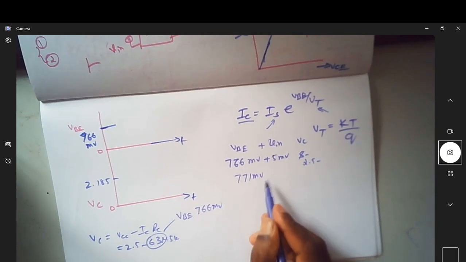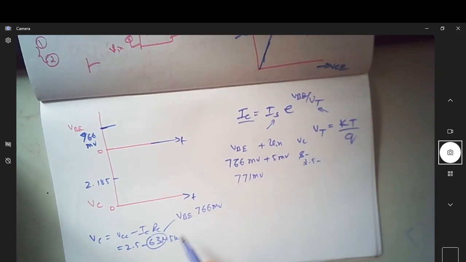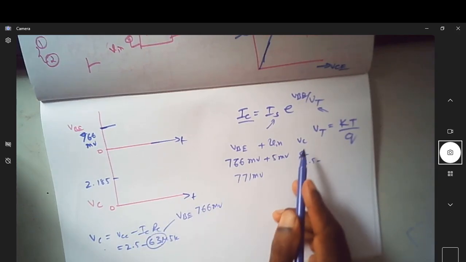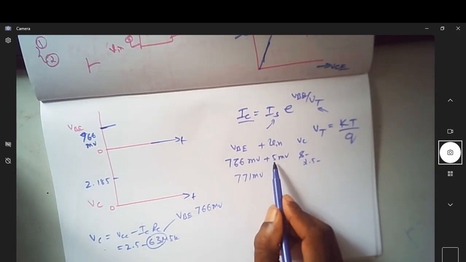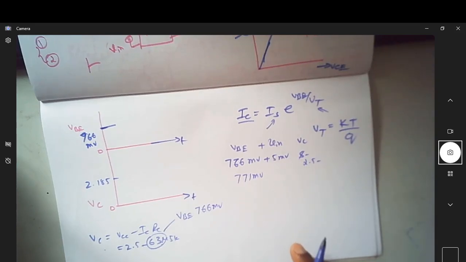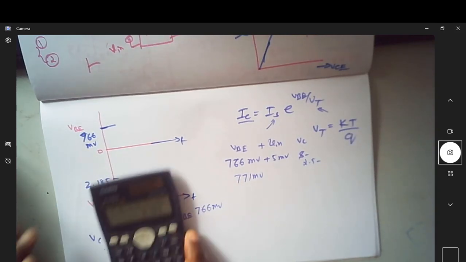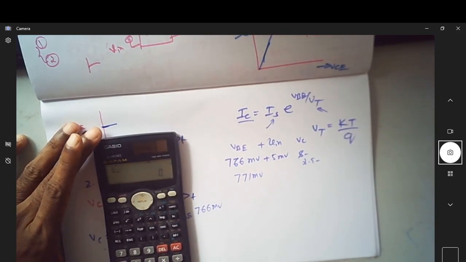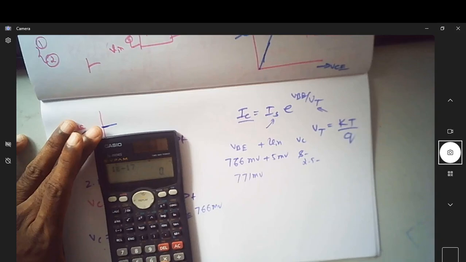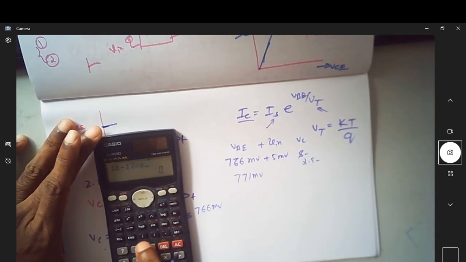When you apply this much, does your IC change? When your IC changes, does your VC also change? I need to write the corresponding value of VC for an input voltage of 5 millivolt extra. I will first find out what IC is. IC is now 1 e power minus 17 into exponential of 771 divided by 26.